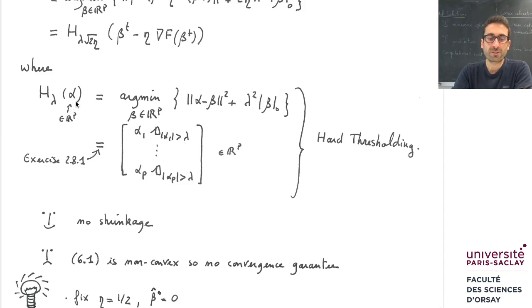So if you look at the difference of alpha with the hard-thresholding estimator, the difference will be equal to 0 if alpha 1 is larger than lambda, and equal to alpha 1 if alpha 1 is smaller than lambda. So it will always be smaller than lambda in absolute value, since it is non-zero only when alpha 1 is smaller than lambda.